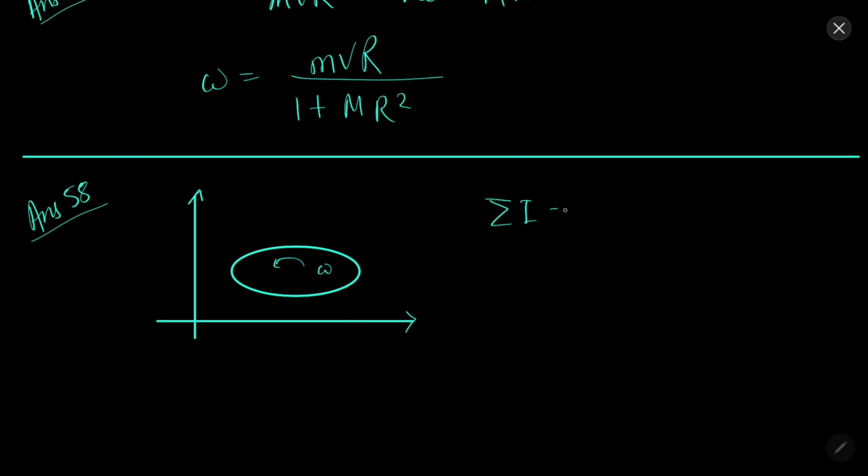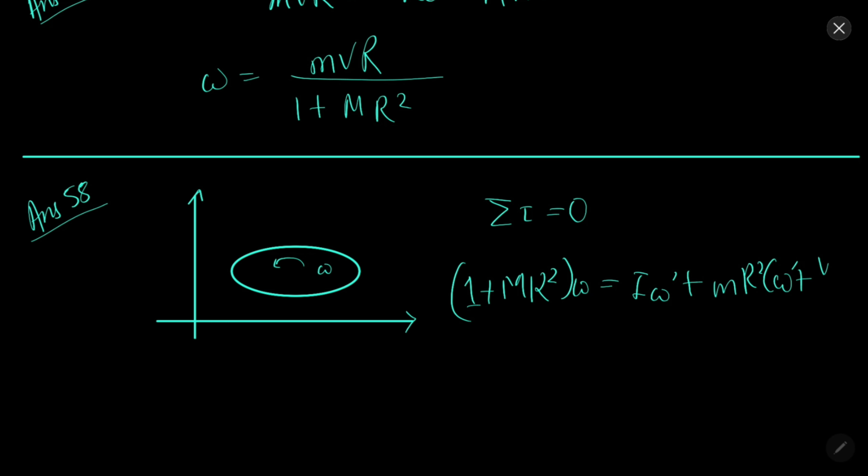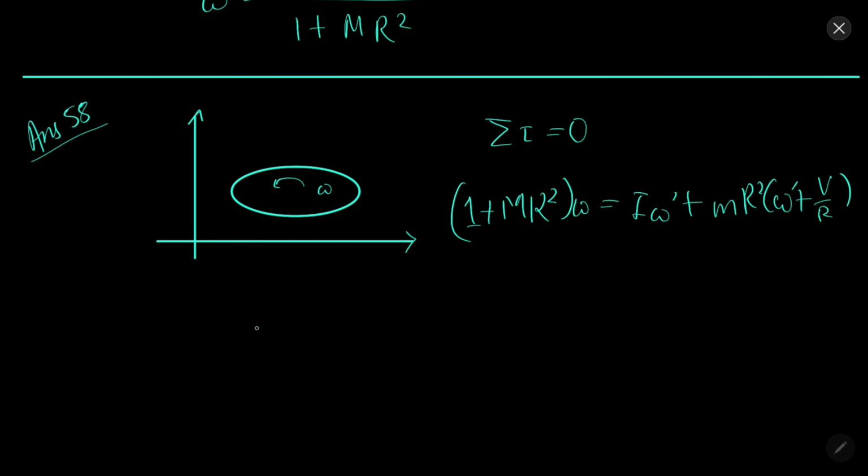Again, summation of the total torque is 0, external torque is 0. So by conservation of angular momentum, (I plus mr square) omega equal to I omega dash plus mr square (omega dash plus v over r). So from this omega dash will come out to be omega minus mvr over I plus mr square.